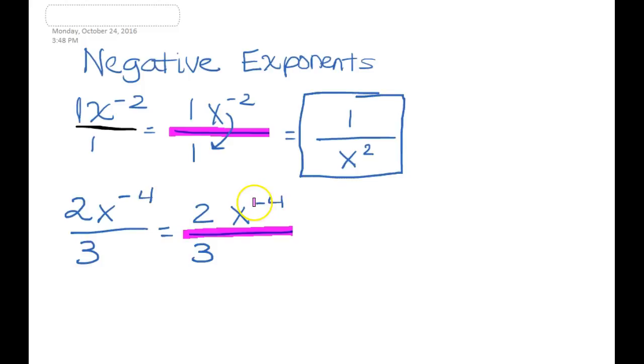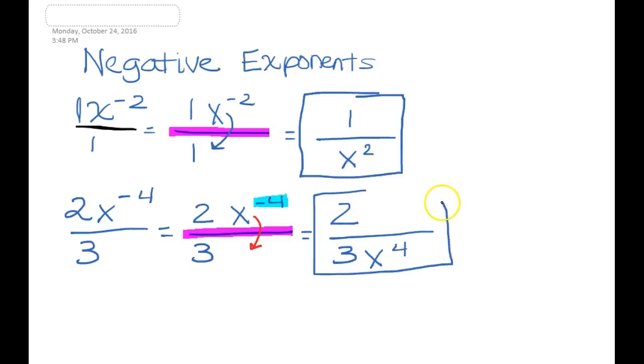In order to get this exponent to change from negative, I have to move it over my quotient line, which tells me that it's 2 over 3, because those don't move, x to the positive fourth. And that's how we can do that.